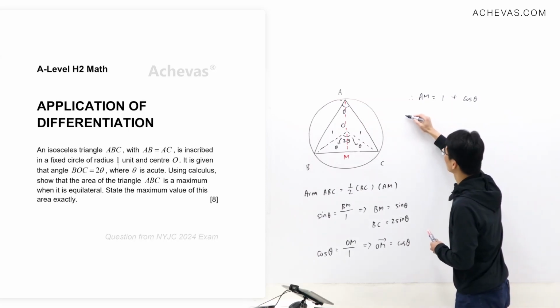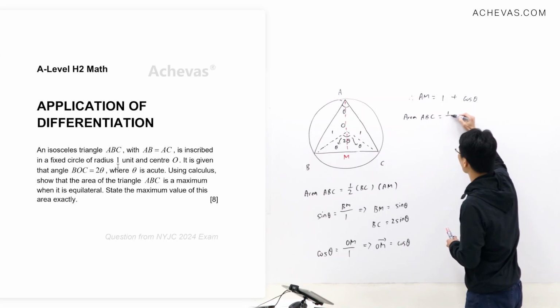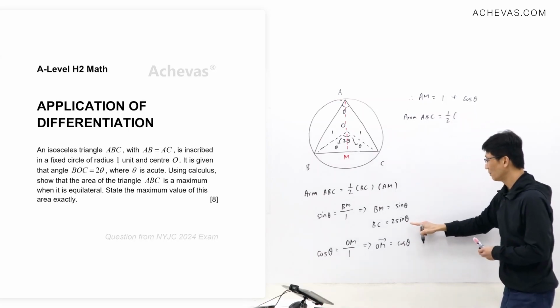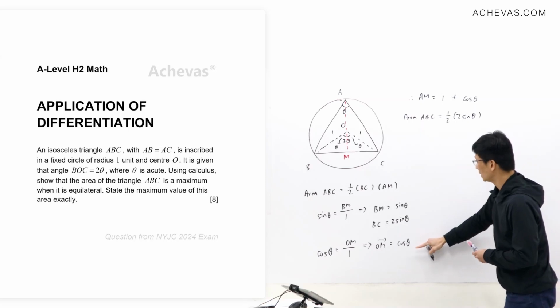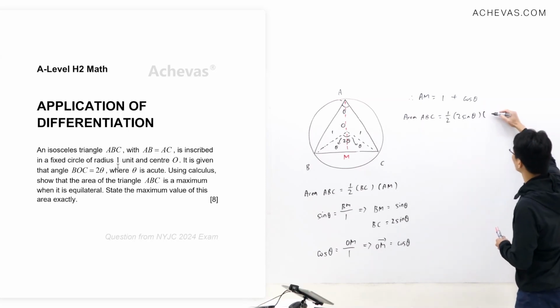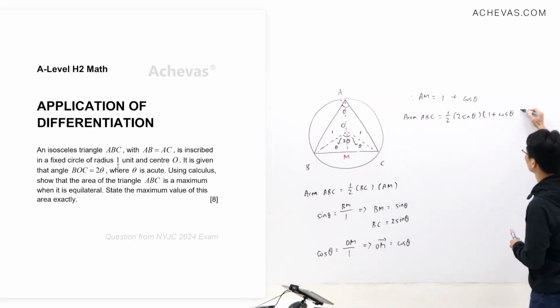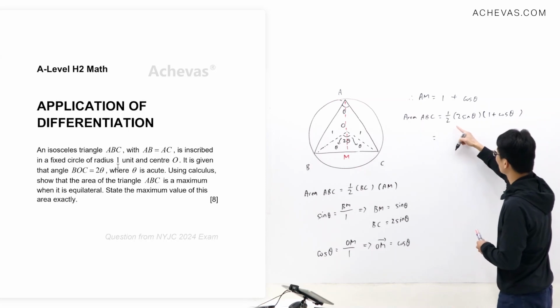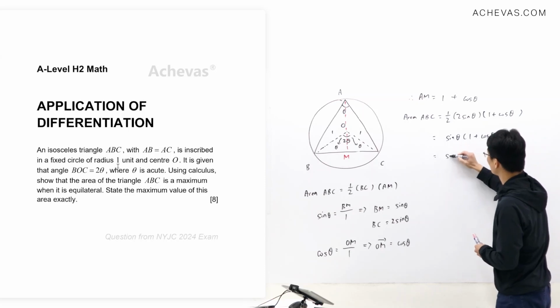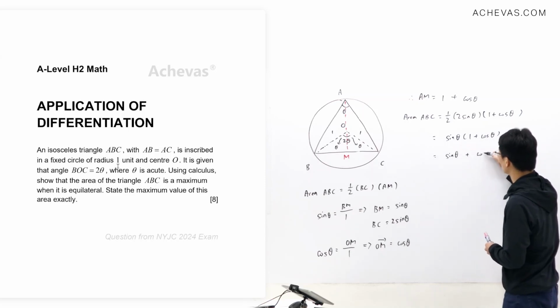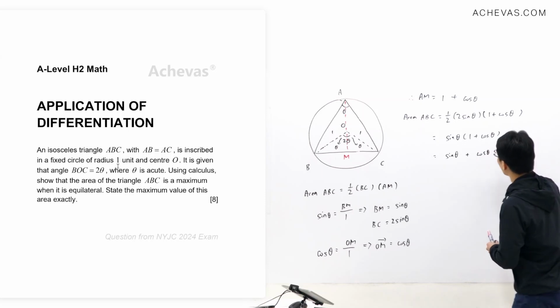So therefore, area of triangle ABC is given by half times base, where the base is 2 sine theta, and the height is 1 plus cosine theta. Doing a bit of simplification here, we will have sine theta times 1 plus cosine theta. Multiplying in, we get sine theta plus cosine theta sine theta.